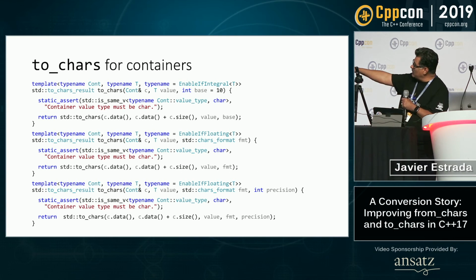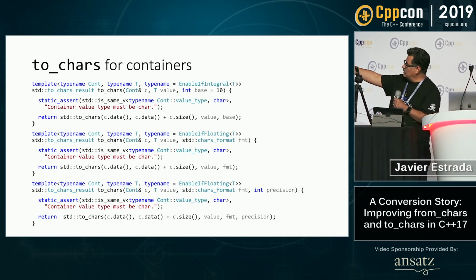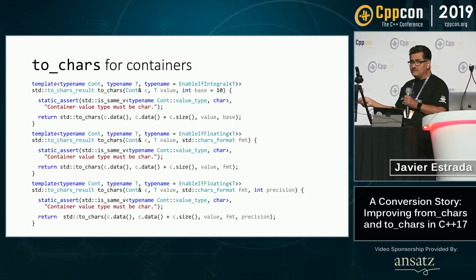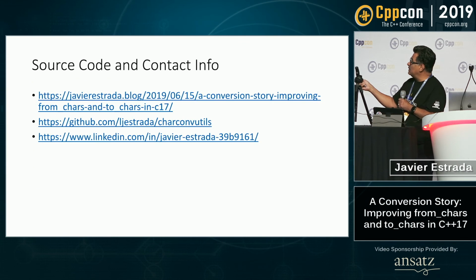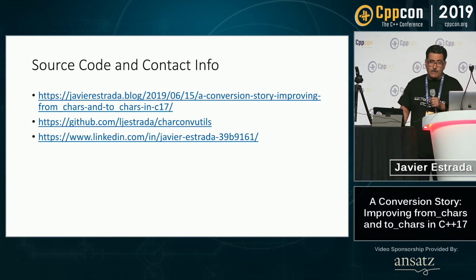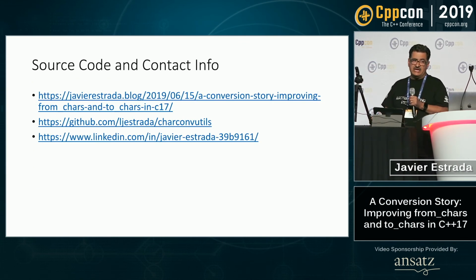So pretty much what I'm doing in these, and it can be done in all of them, is checking that the type is a character and validation for Boolean, which I will mention in a second. Boolean is a type that is not supposed to be accepted. There is a compiler, in particular the Microsoft Visual C++ compiler, that is accepting Boolean right now.